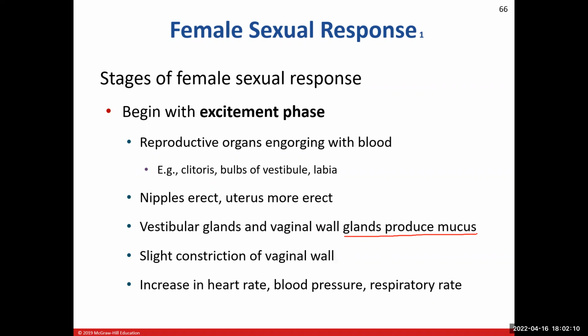And we'll also see a constriction in the vaginal wall that will help to accommodate the male penis for intercourse.